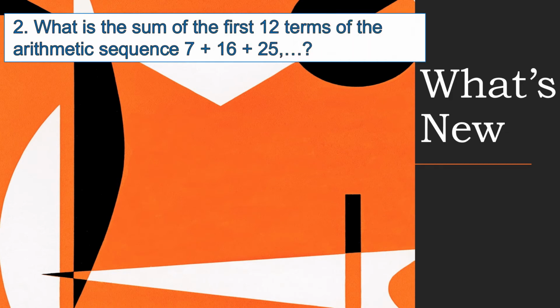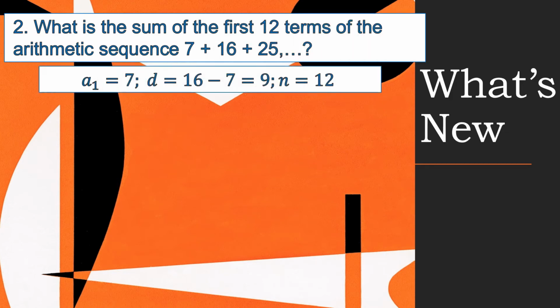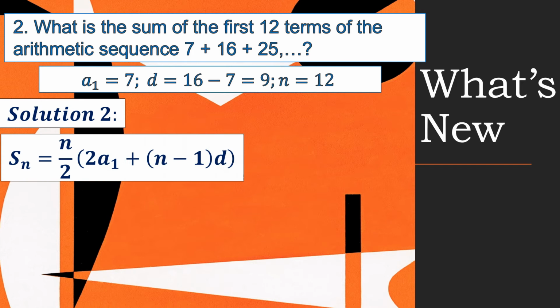Using the same problem, let's try to have another solution. So, since kanina ang a sub 1 natin ay 7, ang common difference natin ay 9, at ang n natin ay 12, we can use the solution number 2 or yung formula number 2 natin. Kapag hindi given ang a sub n, ito ang pwede natin gamitin.